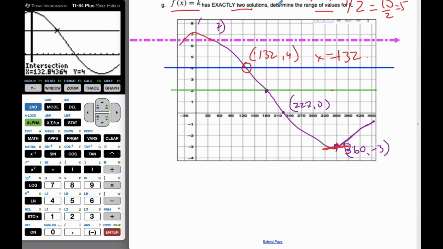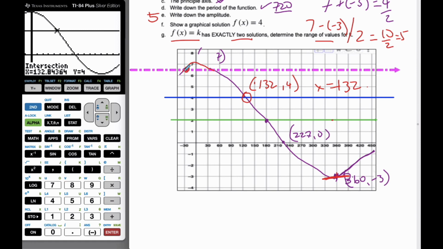From the symmetry of the graph, I know from -30 to positive 30, it intersects twice. So k will be when this x value is here, up to but not including when it is up to 7. So the k value is less than 7, but I want to find out the value here at 30.